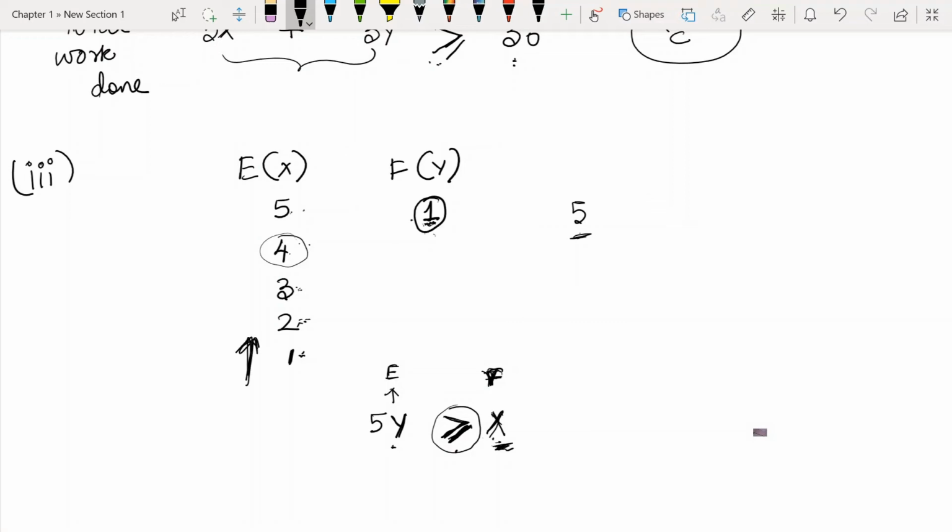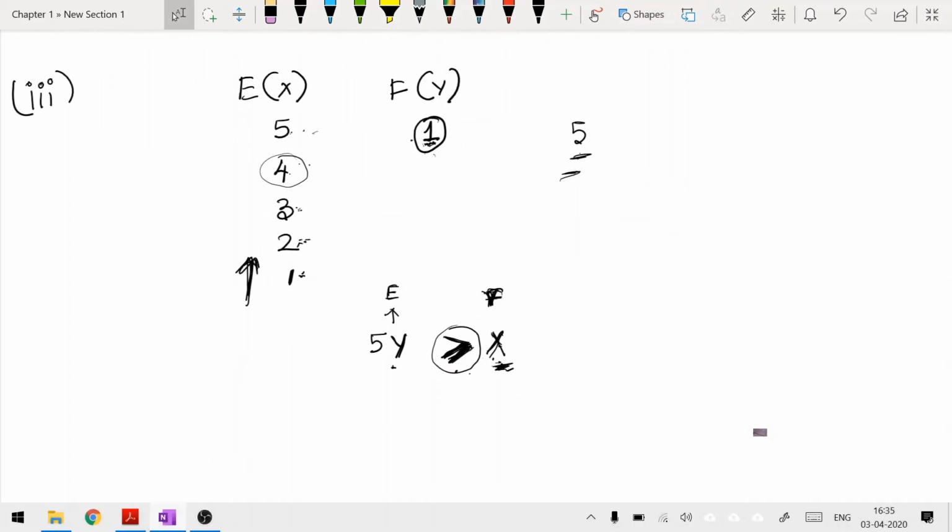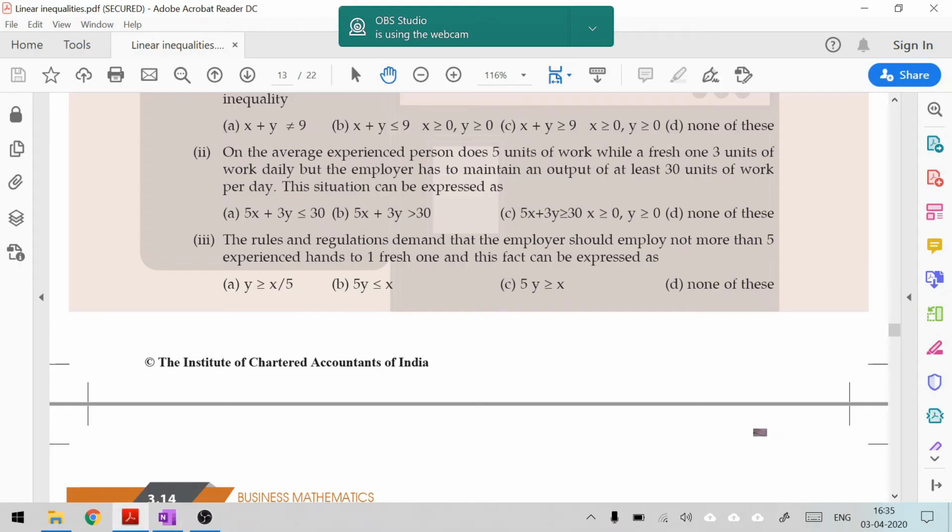The x column is less than this number 5 or equal to that number 5. So x is less than or equal to 5. Clear? Now let me look at the options. If you see, 5y is greater than or equal to x. This is matching with what we have come up with.